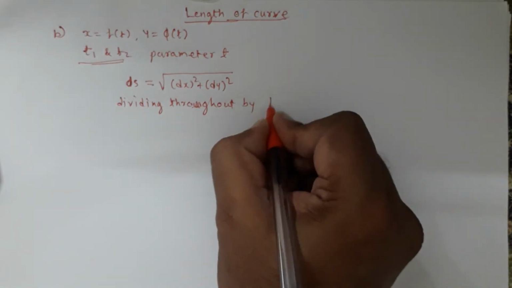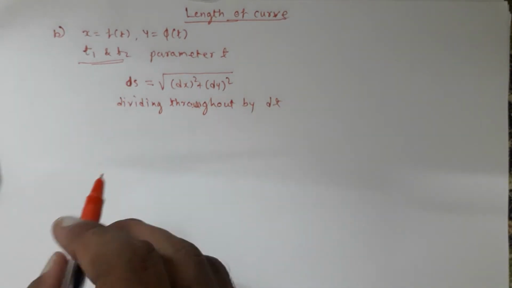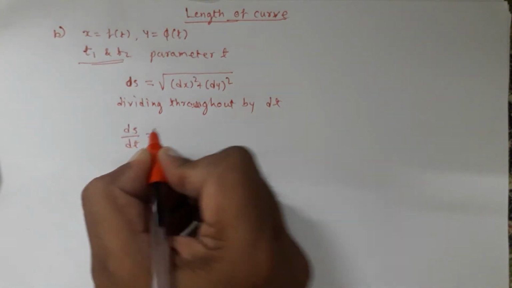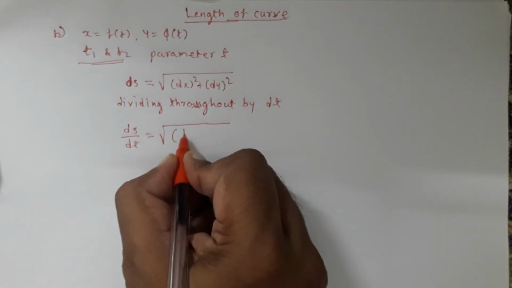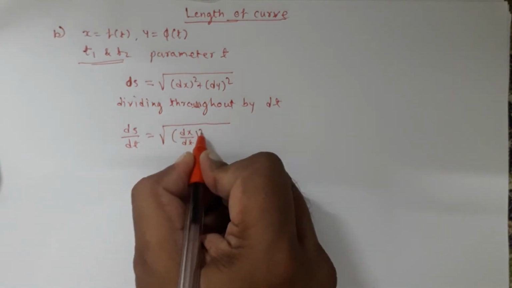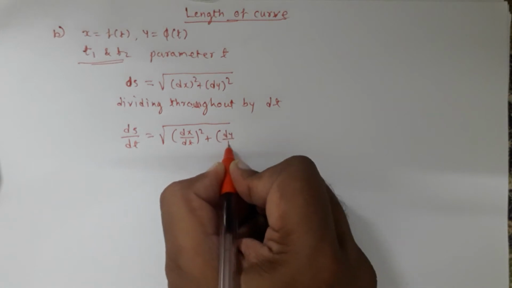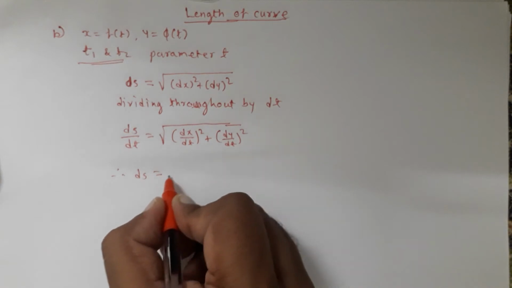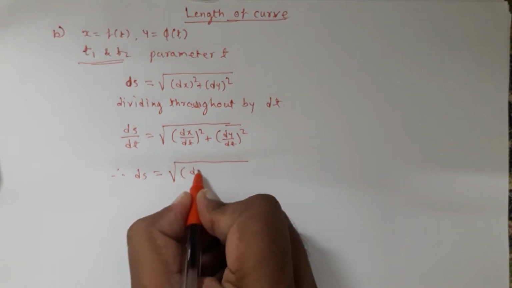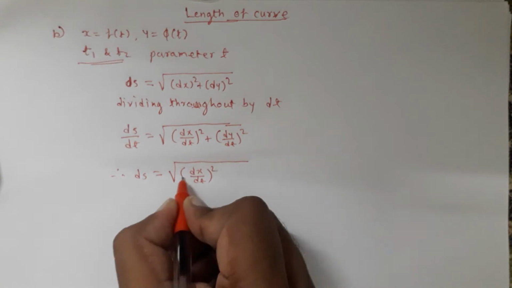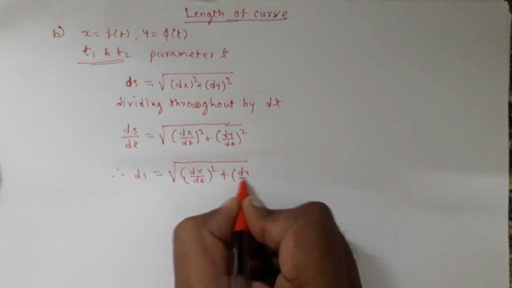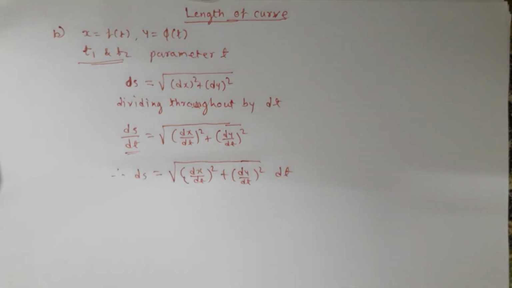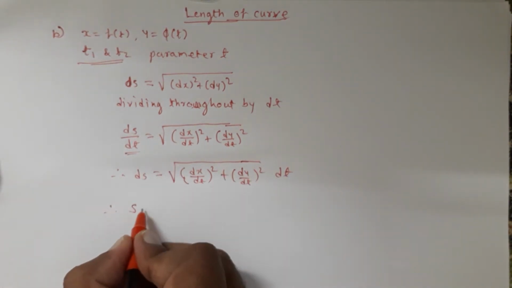Dividing this equation throughout by dt, we get ds by dt is equal to root of (dx divided by dt) whole square plus (dy divided by dt) whole square, and therefore ds is equal to root of (dx by dt) the whole square plus (dy by dt) the whole square into dt. I have brought this dt to the right hand side.